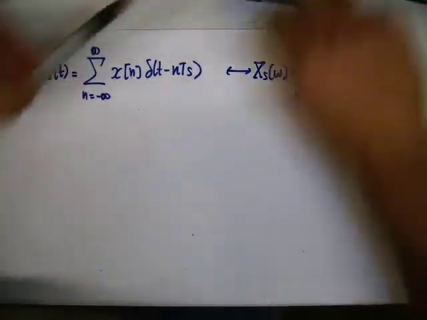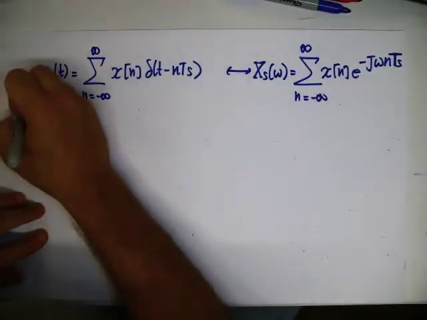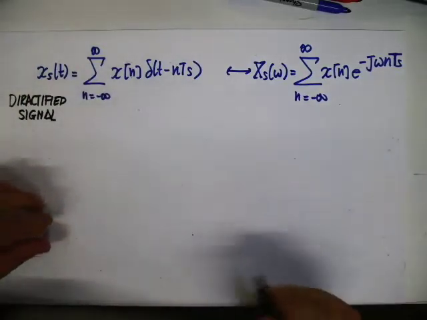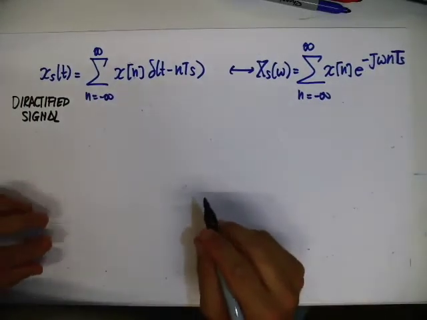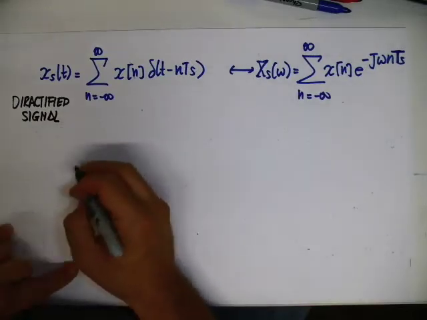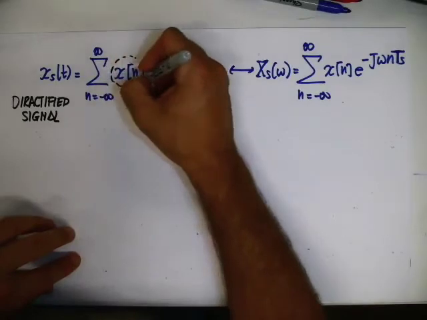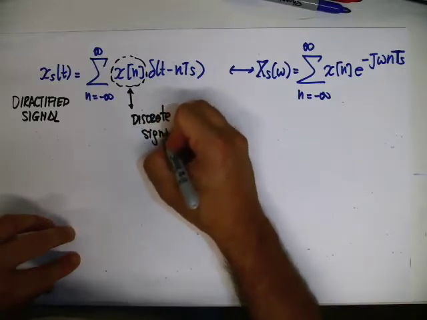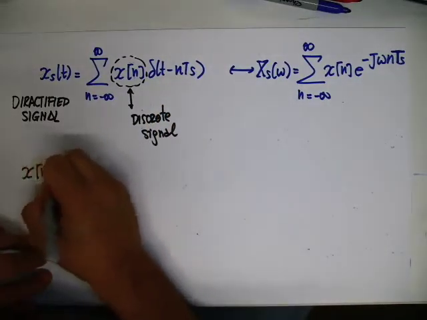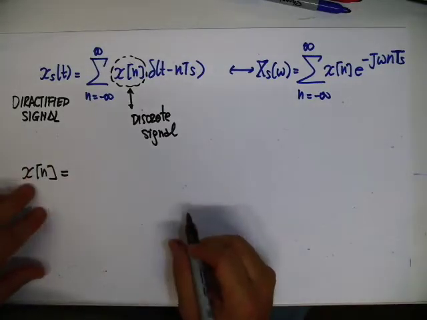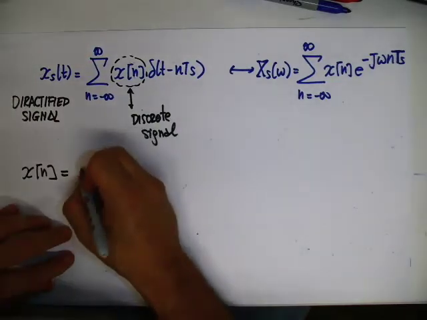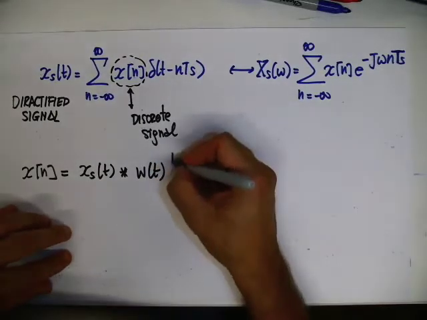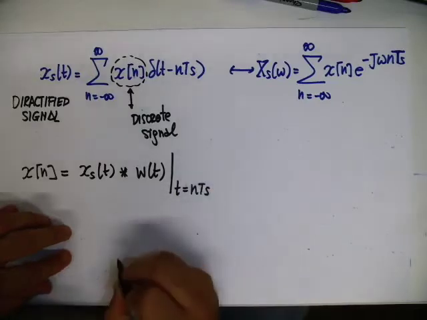And now, this is the Diracified signal. We have seen that if we want to recover the discrete signal, there are infinite ways to recover it from the Diracified signal by simply convolving the Diracified signal with a spatial window and then evaluating at t equal n Ts.